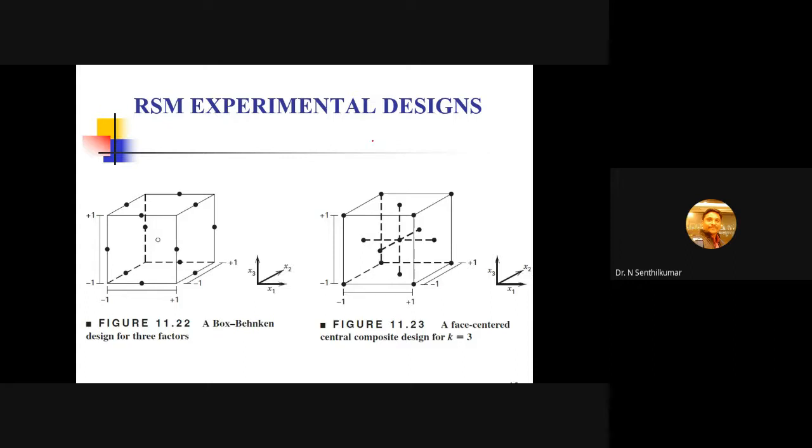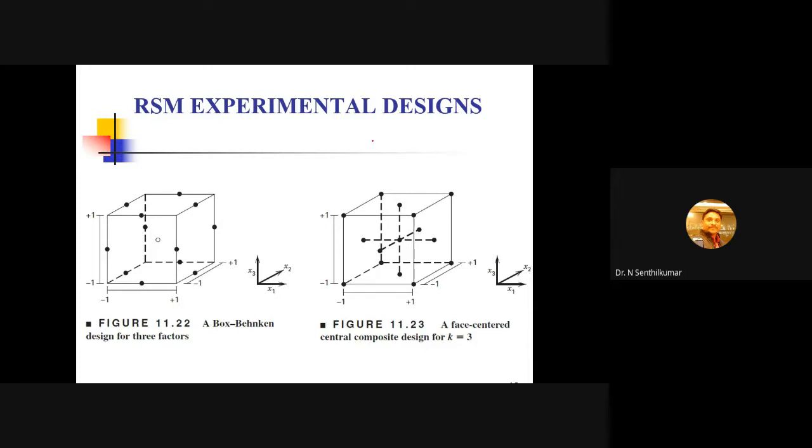We have only the lower limit and the upper limit. The in-between level values, the system itself will decide depending on some criteria. The criteria we'll see later on. So the system itself will decide that. In Box-Behnken design, we are going to provide the lower range and the upper range value.